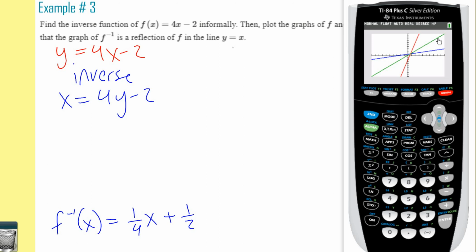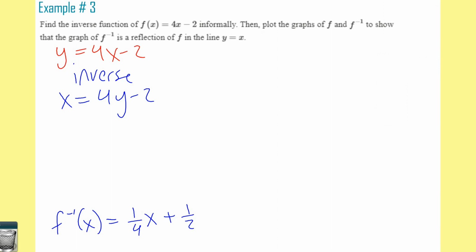It's this nice little reflection across. So why would that happen? Well, what did we do? To do the inverse, we changed x and y around. So it would make sense that we would reflect across this line, because we flipped our y's and our x's. So that's what that's trying to show you.